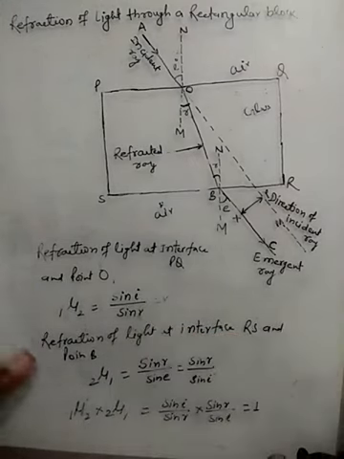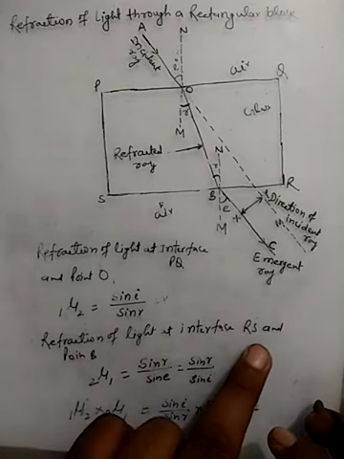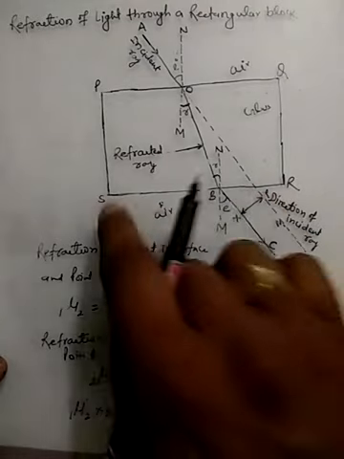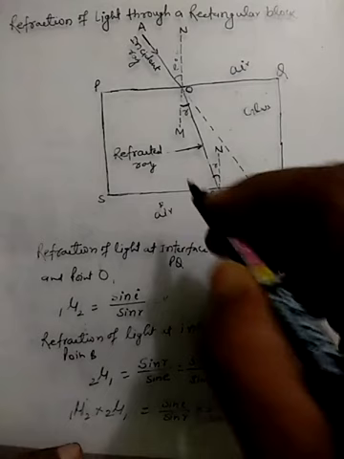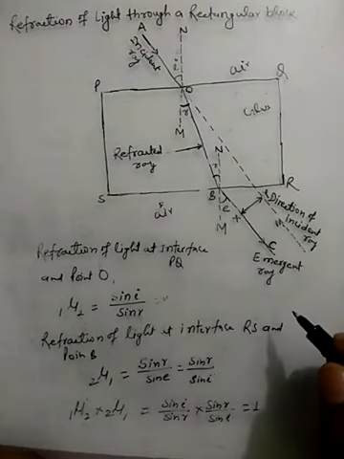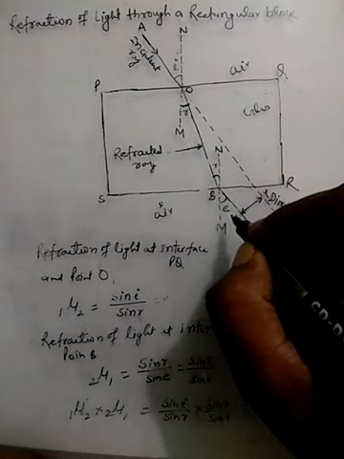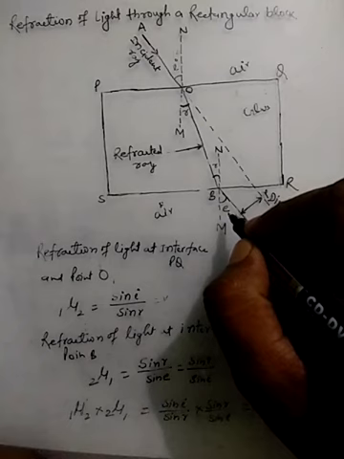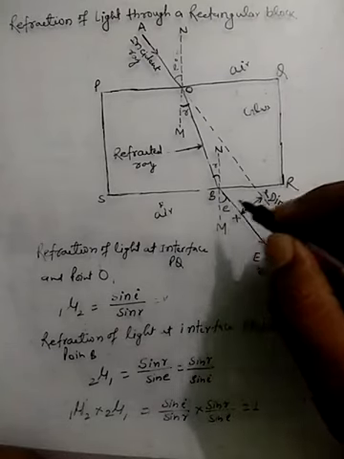For refraction at interface RS and point B, R acts as the incident angle at point B, and E represents the refracted angle.